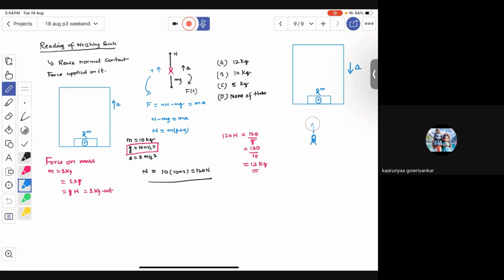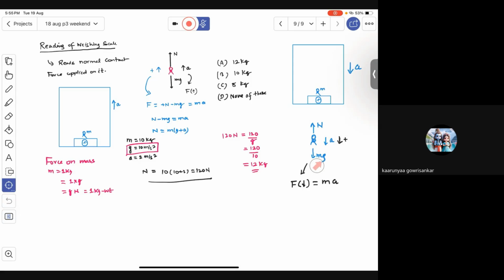I will draw the forces applied on him: N upward, mg down, and this is going down with a. If it is going down with a, what does it really mean? It means the net force acting upon him in the down direction must be equal to his mass times the acceleration. Since the object is moving down, the resultant force will be down only. So I will take down as positive for the sign convention.